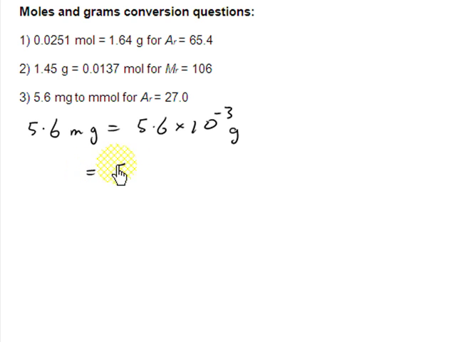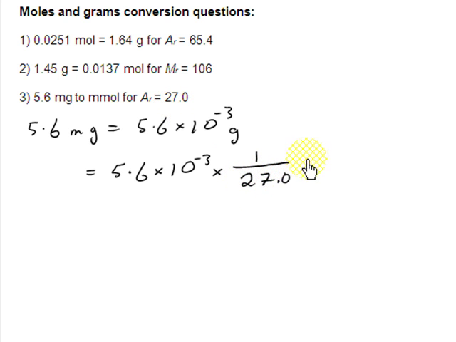But we know for an element with a relative atomic mass of 27, each gram will be equivalent to 1 over the relative atomic mass, 1 over 27 moles. So if we evaluate this right-hand side, we will get to a value of 2.07 times 10 to the minus 4 mole.